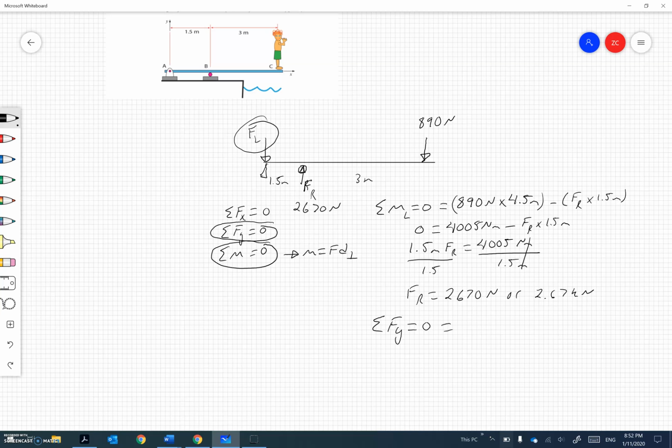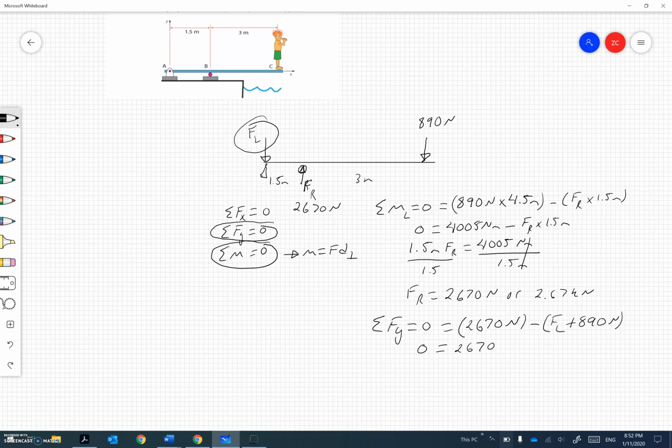So now we're going to do all the vertical forces going up, taking the vertical forces going down. So let's do 2,670 newtons going up, take force left, and 890 newtons going down. So let's solve that.